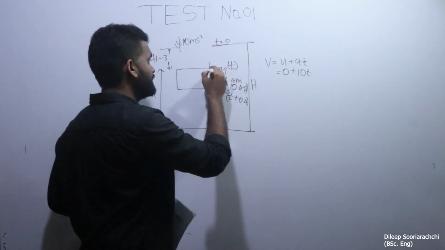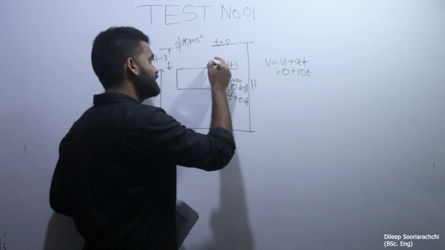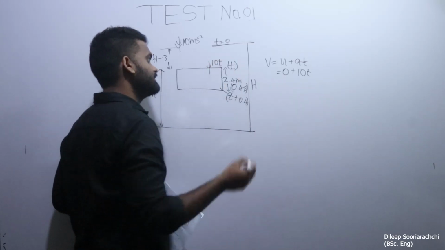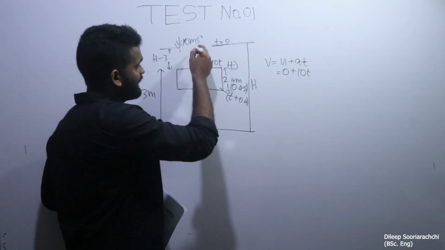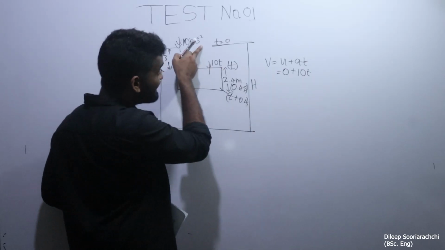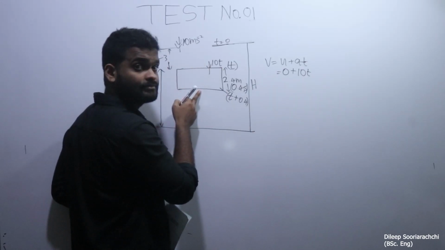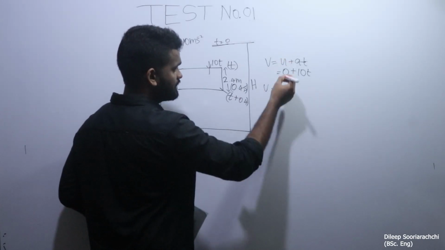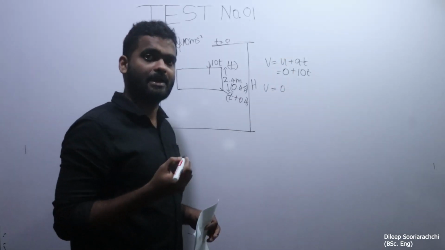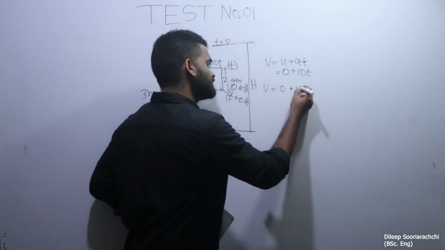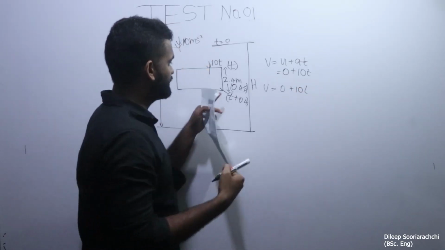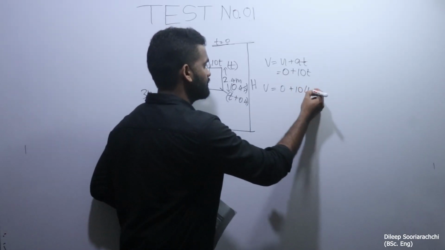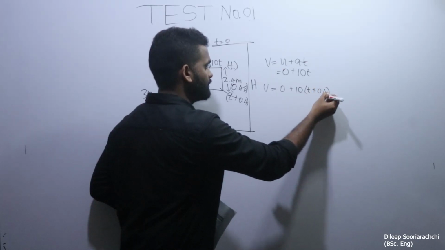So the speed of the mango here is 10t. Then applying the same equation to the bottom edge, the initial speed is still 0, acceleration is 10, but the time is t plus 0.4.